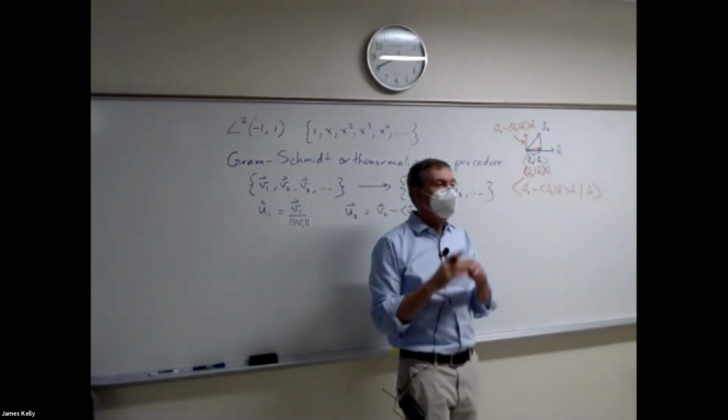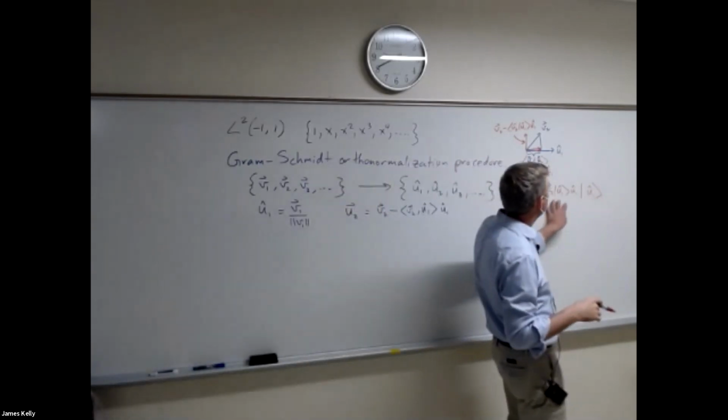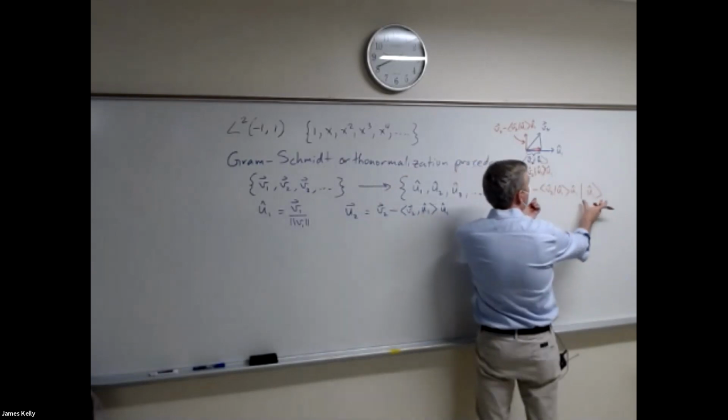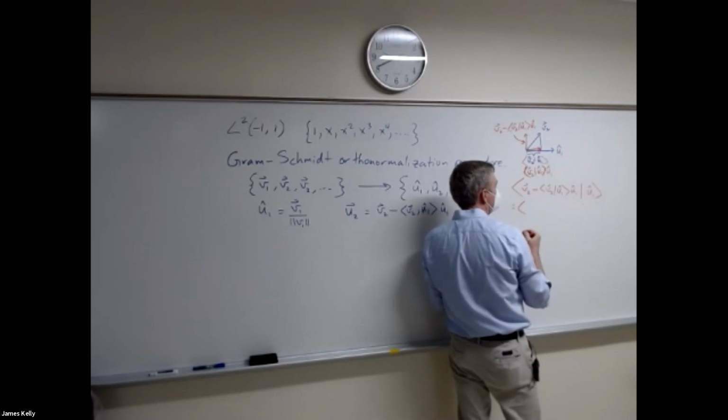Now you have to go back to how to distribute things within an inner product. Right here, I have a linear combination. Go back to the axioms of inner products.